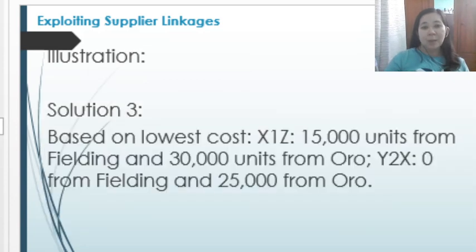Okay, what about for requirement number 3? So based on cost, the lower cost is X1Z, which is equivalent to 15,000 units from fielding and 30,000 units from Oro. For the X52, we will get 25,000 from Oro.